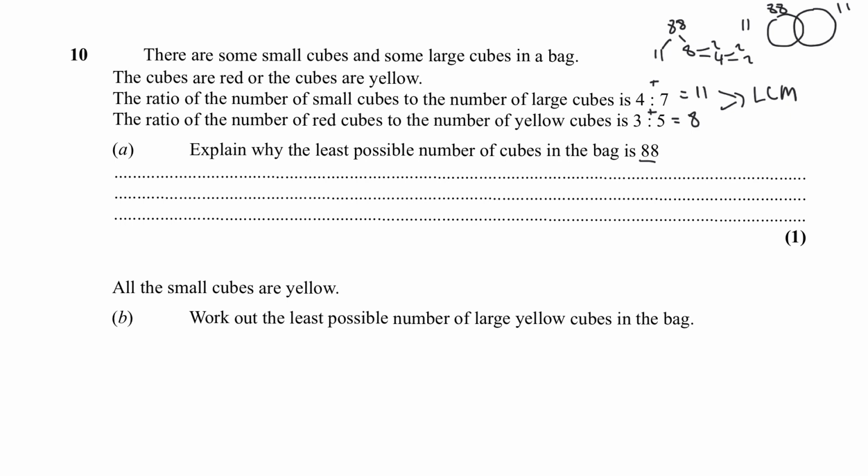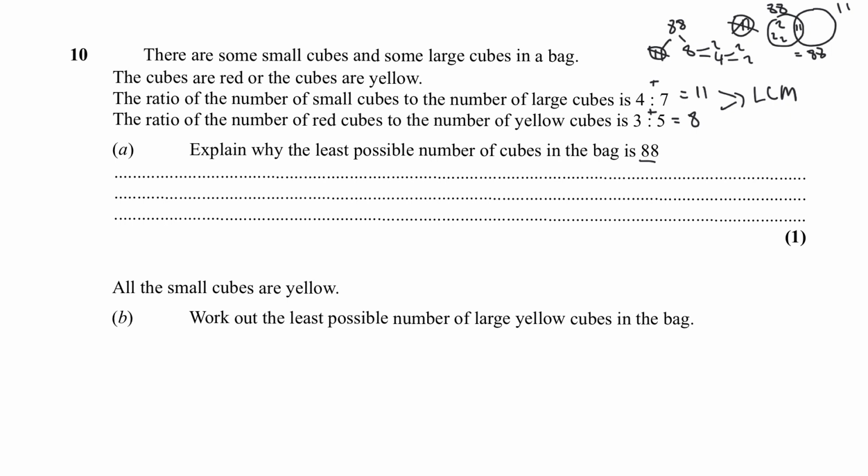So 11 is just 11, because that's all they share in common. And then 88 has an extra 2, 2, 3 twos. And remember, lowest common multiple is you multiply all the numbers in the Venn diagram together. So it's just 2 times 2 times 2 times 11, which gives you an answer of 88.